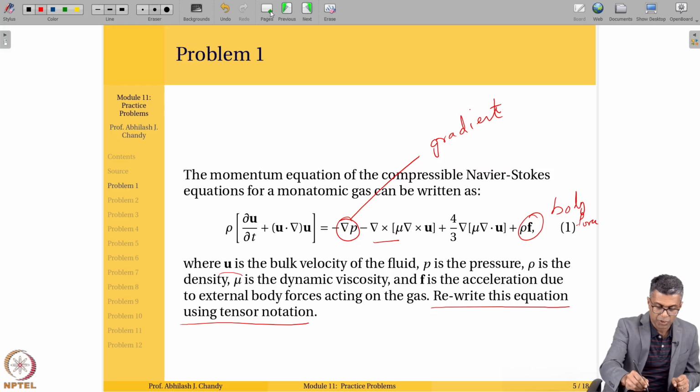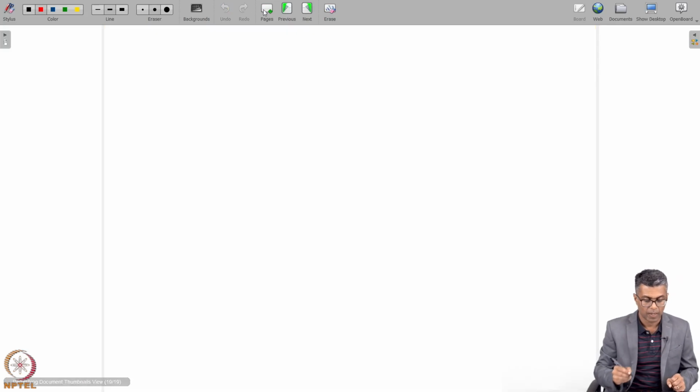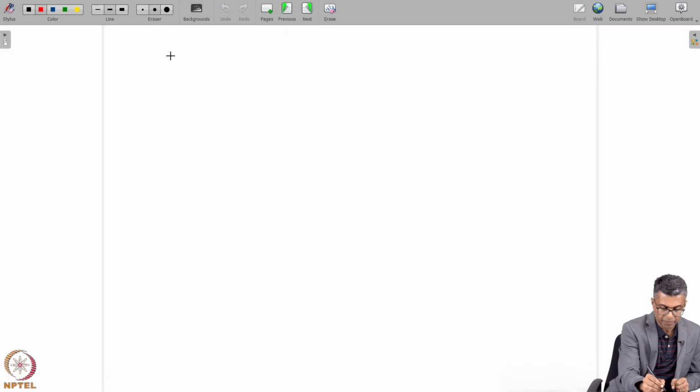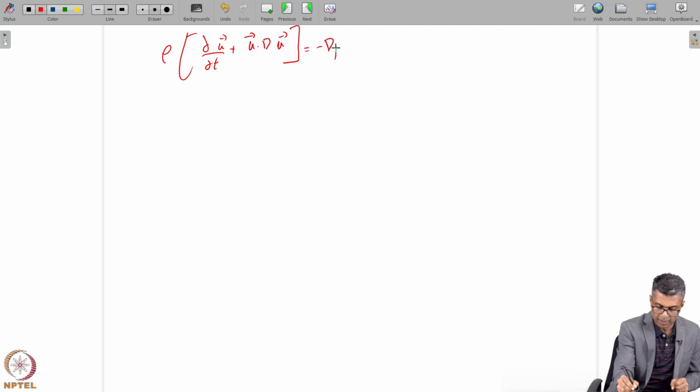Okay, let's check it out. I'm going to rewrite the equation. So rho del u del t, and u is a vector, of course, plus u dot del u, isn't it? U is a vector, equals minus del p.